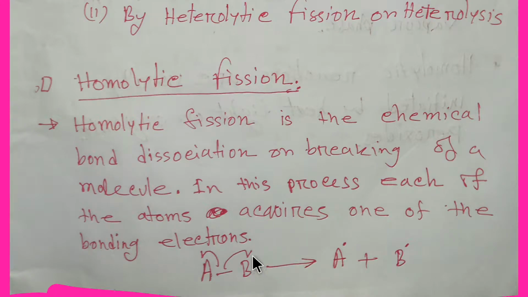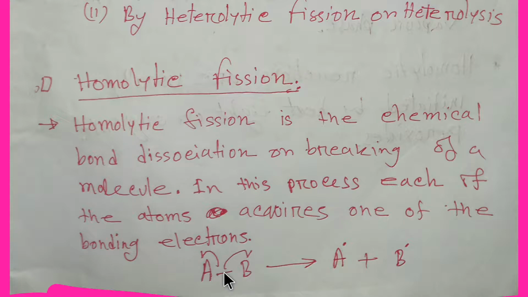Homolytic fission. See here, there is one pair of bonding electrons between these two atoms, right? And each is sharing this pair of electrons.